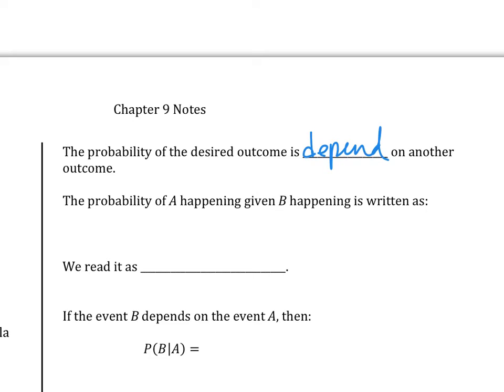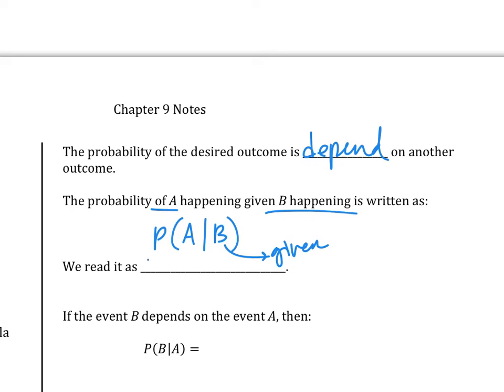The probability of A happening given B happening is written with A first and then given B, probability of A given B. So this part is the given. The one you write later is the given.